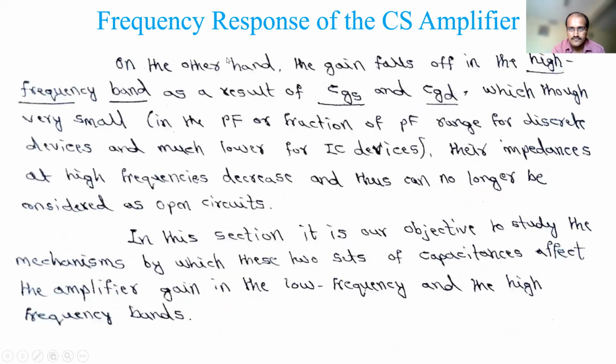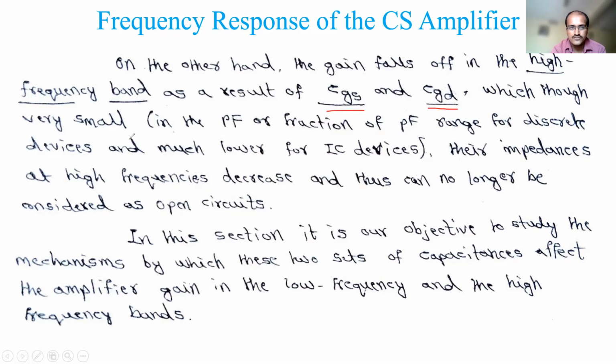On the other hand, even at the higher range you are seeing the fall, right? The gain falls off in the high frequency band as a result of internal capacitances, majorly CGS and CGD.